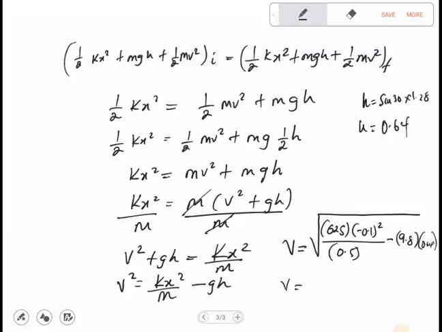We have 0.1 squared, of course, times 625, and we're dividing that by 0.5. So it's giving me the square root of 12.5 minus 0.64 times 9.8. It's giving me 6.272 in the square root. Then after subtracting, I think that is giving me this.